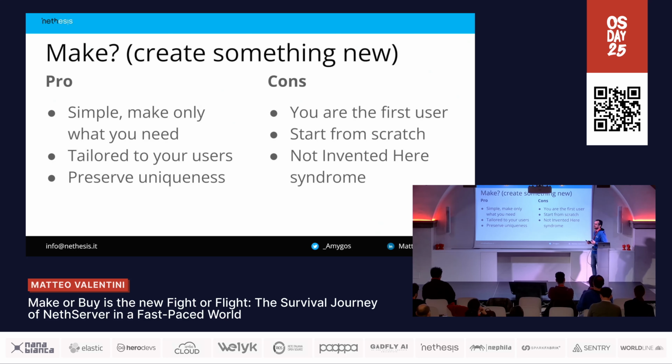At least at first, you are the only user of your system, so you can't search for help outside. Also, you have to start from scratch. There isn't an ecosystem around your product. And last, the most important con from my point of view, is the not invented here syndrome. So you can end up reinventing the wheel every time, and it's very frustrating, a very insidious con.